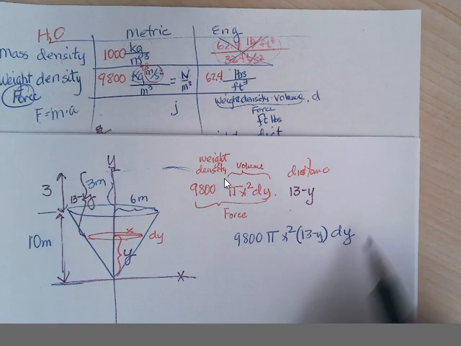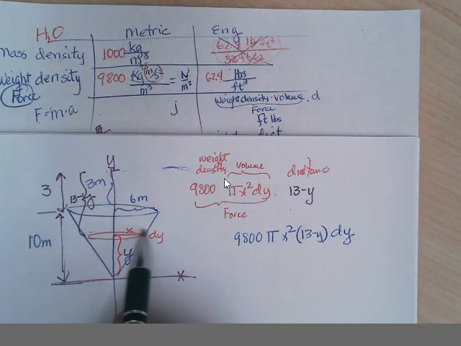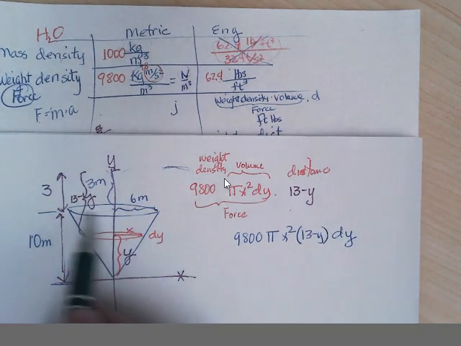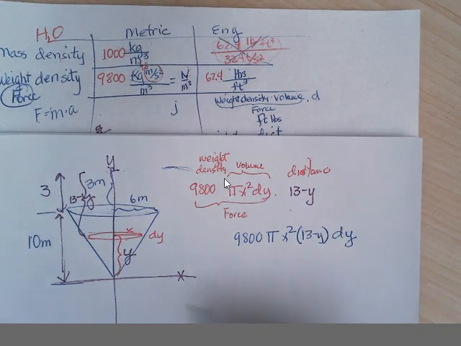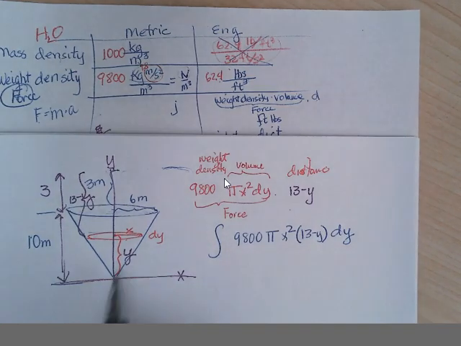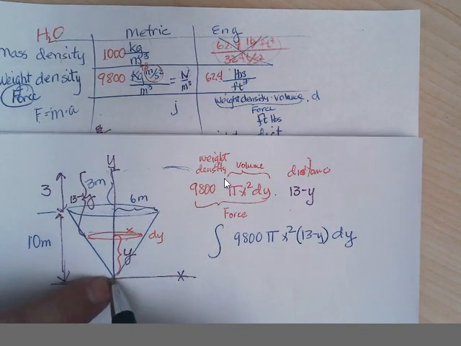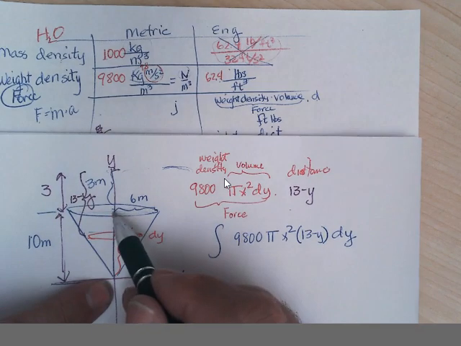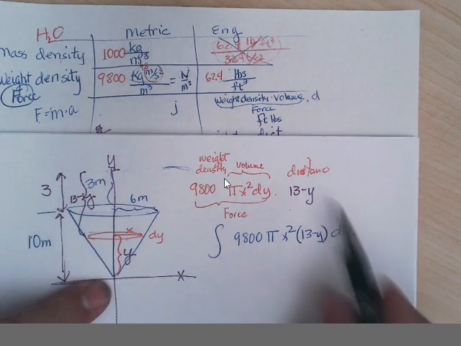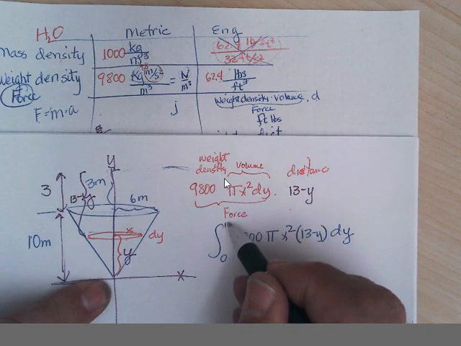That's the way we like to do it. And we're going to do all the disks from here, the top one, all the way to the bottom. That bottom disk has to go how far? Well, y would be 0 here, and y would be 10 here. We're going to go from 0 to 10.